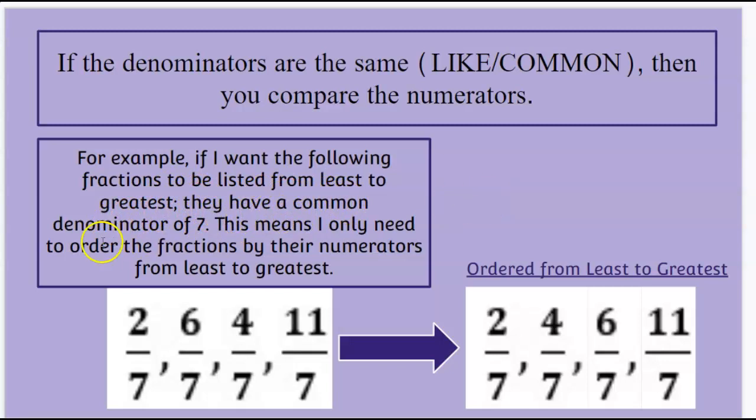This means I only need to order the fractions by their numerators from least to greatest because they're the same type of slices. These are almost in least to greatest order. I just needed to switch these two right here because 2 slices, 4 slices, 6 slices, and then 11 slices.